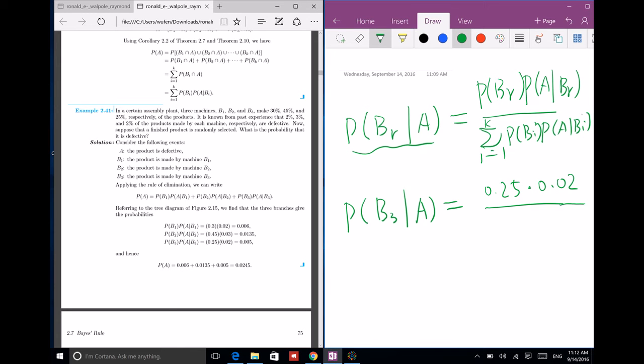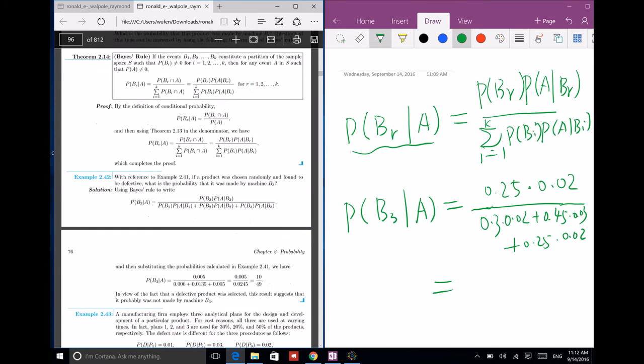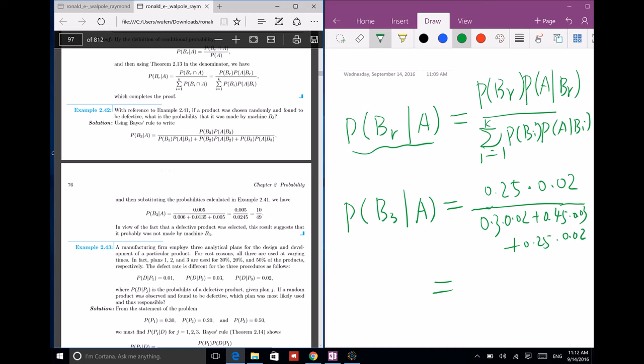The total probability that the product is defective from any of them is 0.3 times 0.02 plus 0.045 times 0.03 plus 0.25 times 0.02. That's the total probability of a part selected from the 3 plants being defective. And the numerator is the probability that it is defective and from B3. If you divide that, you get the probability given that the part is defective and it was made by B3. Okay.